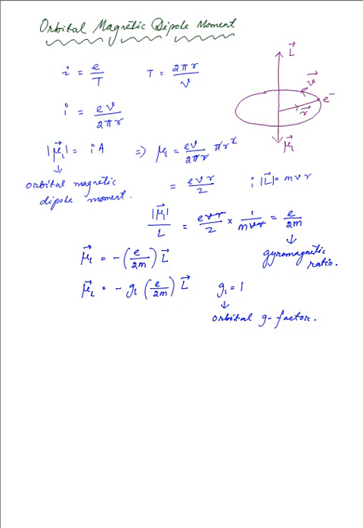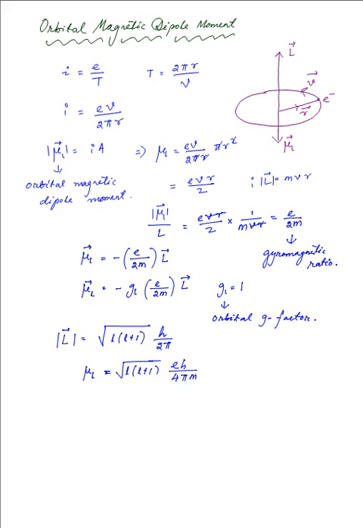Now, as we know, for L we have that value to be equal to square root of L times L plus 1, where L is the orbital quantum number, times h bar, or h over 2 pi. So from the expression above, we can have mu L, the magnitude that is, equal to square root of L times L plus 1, times e over 2m multiplied by h over 2 pi, so e h over 4 pi m.